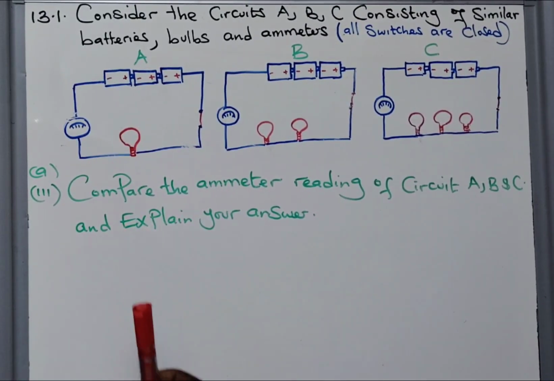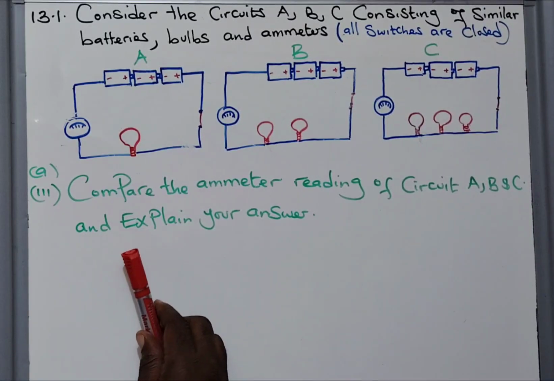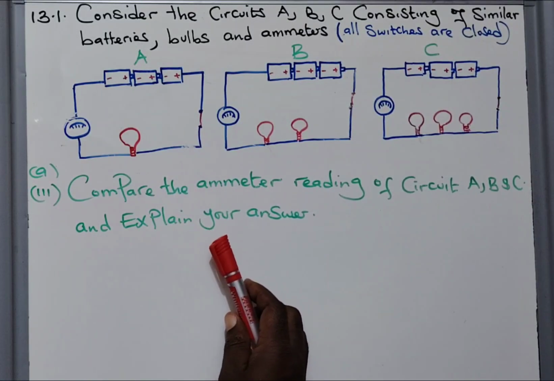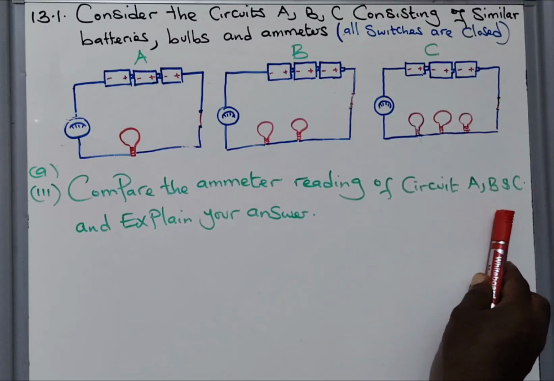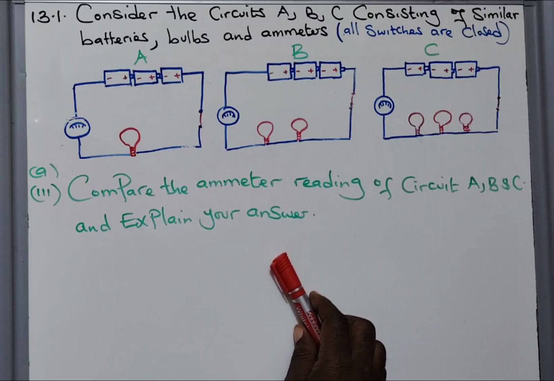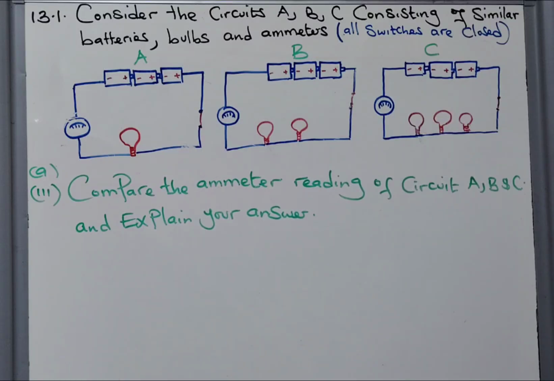Then we come to this one. It says compare the ammeter reading of circuits A, B, and C, and explain your answer. How will the ammeter reading be in this case?